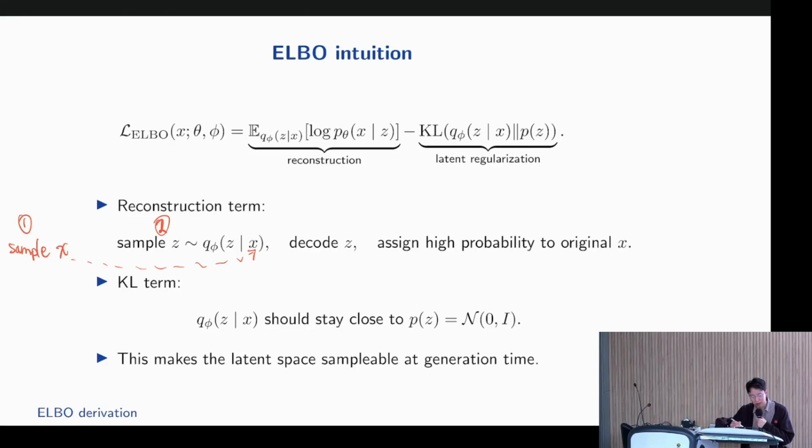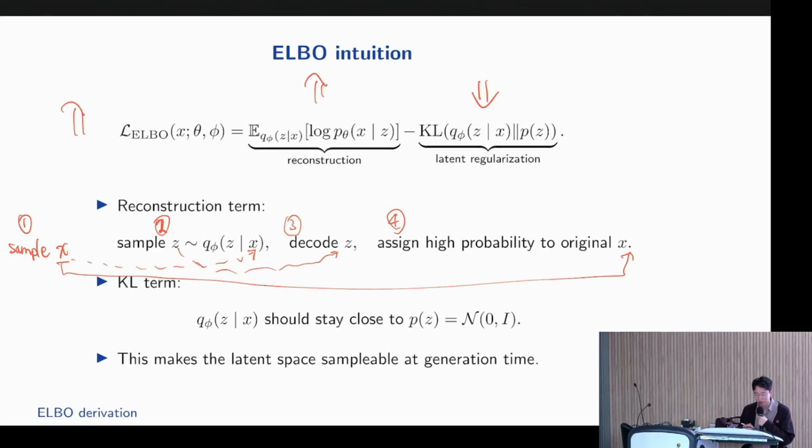Number 2, we sample Z from the encoder. Number 3, we pass this Z to the decoder. And number 4, we evaluate the probability of the original X here. We'd like to increase the probability density assigned to our original X. That's what this term does. So if we increase the ELBO, it increases the reconstruction.